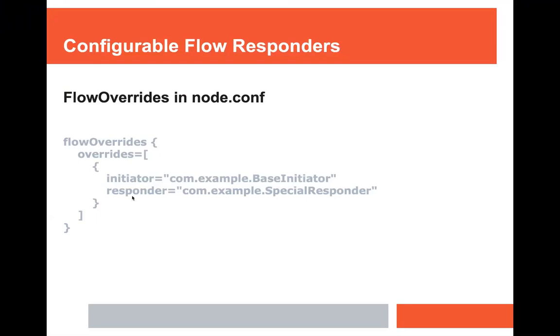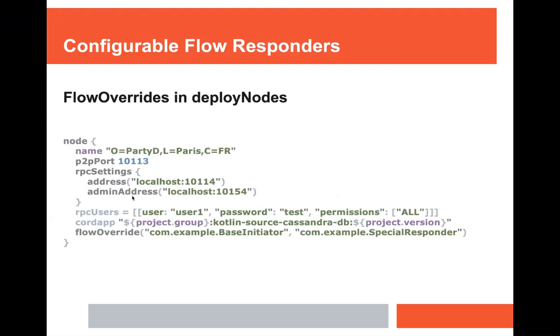And internally, what Corda does is it assigns a maximum weight to this override. The same logic is triggered, but it has integer max value as the number of hops from flow logic. So this will always be selected as the responder for base initiator in this case. We've also added it to deploy nodes, because a lot of people use deploy nodes to build their nodes for production.